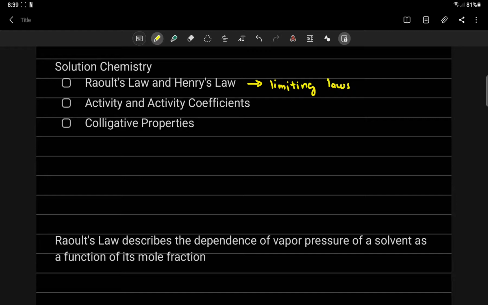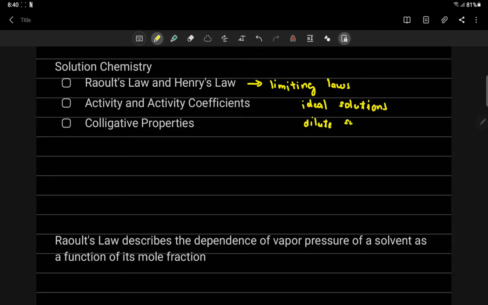Raoult's law and Henry's law, these are limiting laws in that they are only applied to ideal solutions. Okay? Ideal solutions. What do we mean by ideal solutions? So, one criterion para masabi natin na ideal yung solution. So, most dilute solutions are actually ideal solutions.